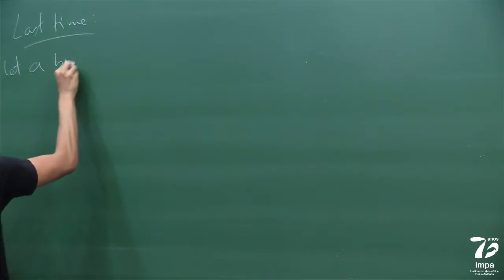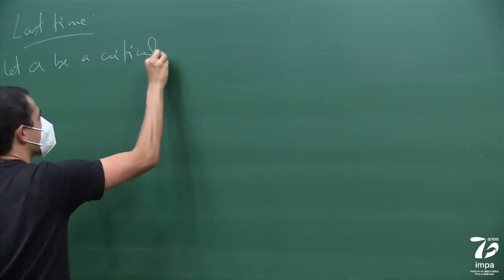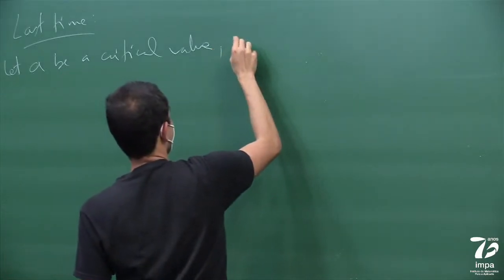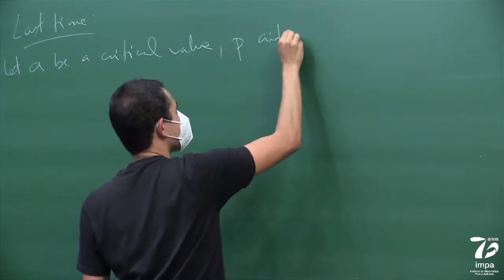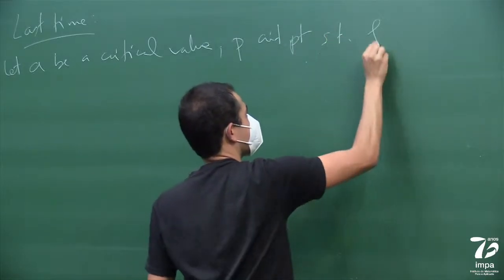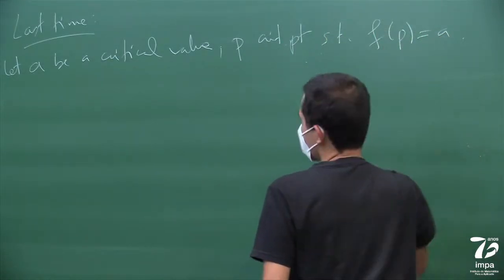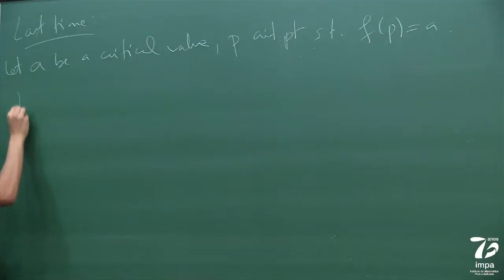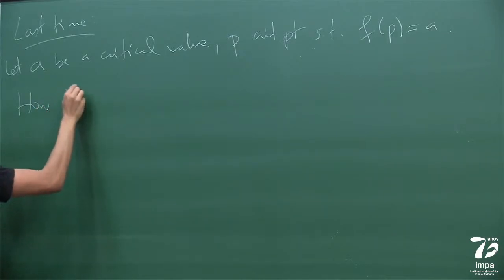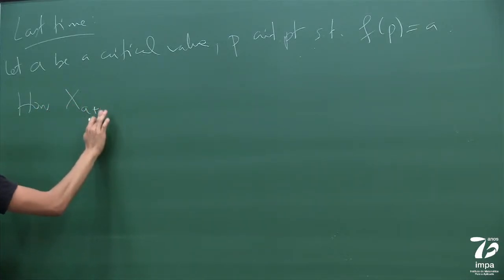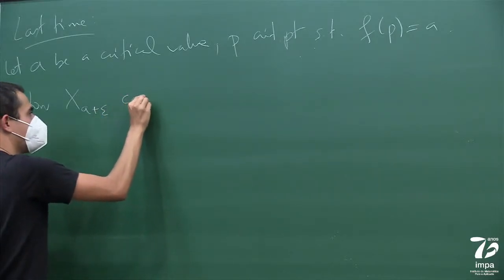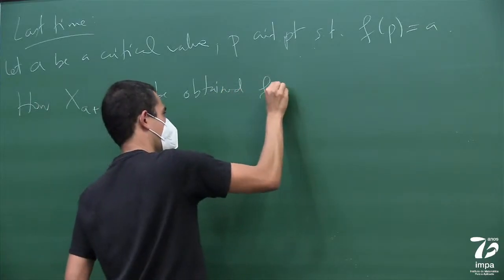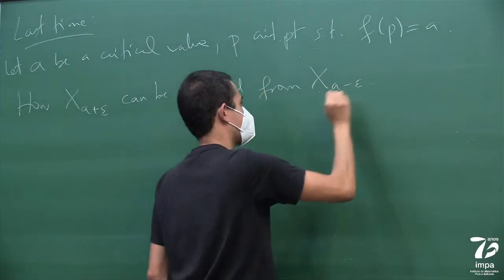So let A be a critical value, and we can write p a critical point such that f of p equals A. And what we were discussing last time is how X_{A+epsilon} can be obtained from X_{A-epsilon}.